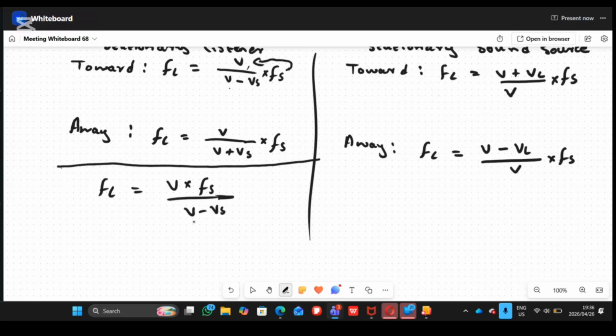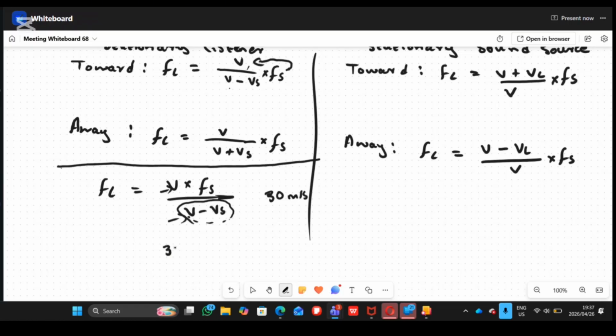So what do we need to do here? Let's work with the denominator only. Let's say our sound source, the ambulance, is moving at a velocity of 30 meters per second. We're just making an assumption. And this V, let's say it is 340, the speed of sound in air.